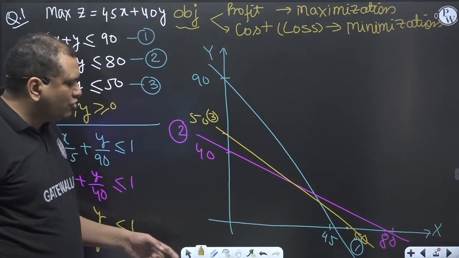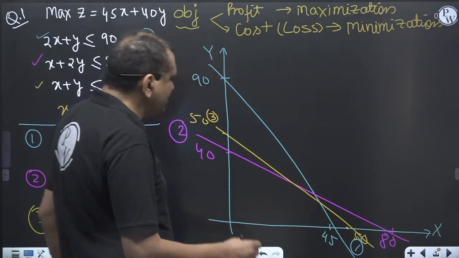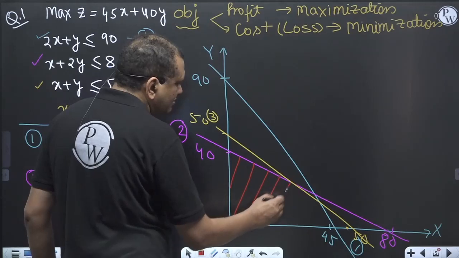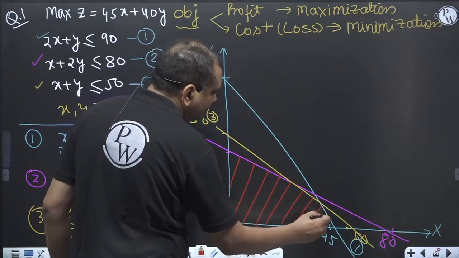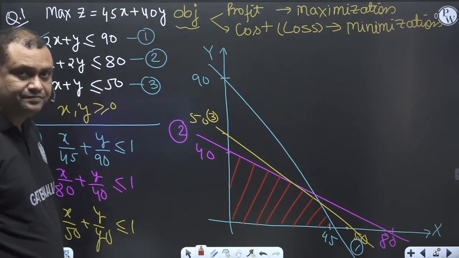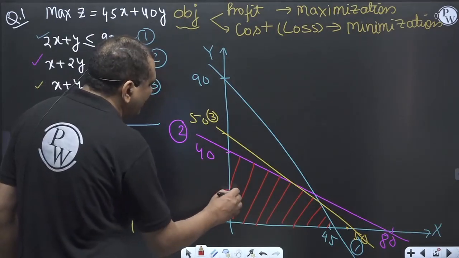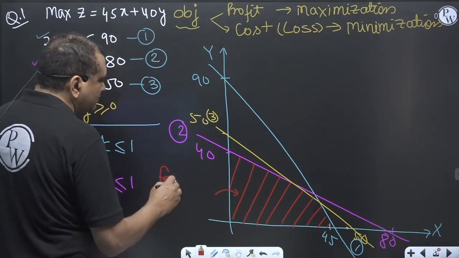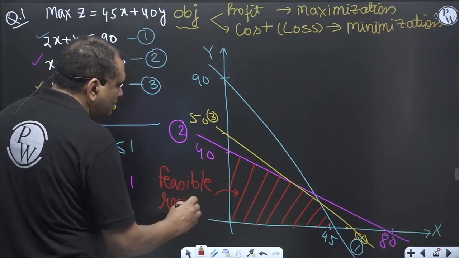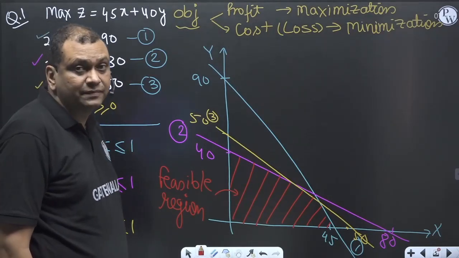Now see, what is the overlapping region? The overlapping region will be this. This is the overlapping region of all the constraints. This overlapping region is called the feasible region.